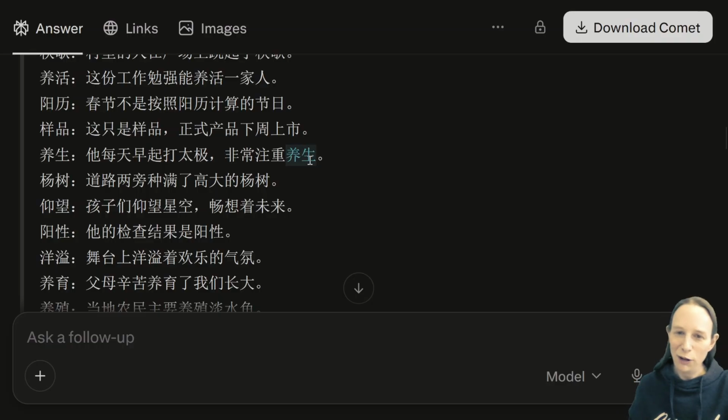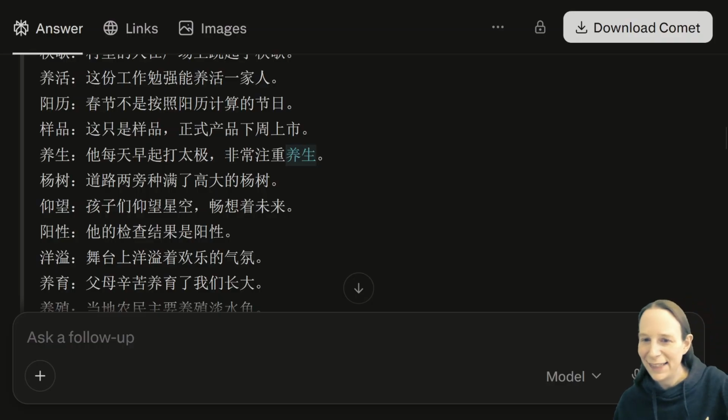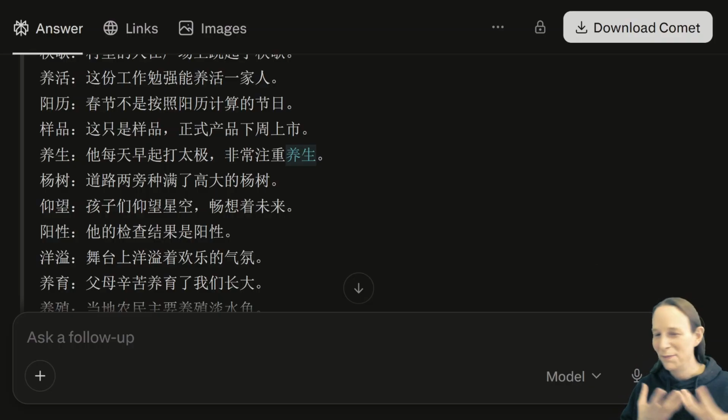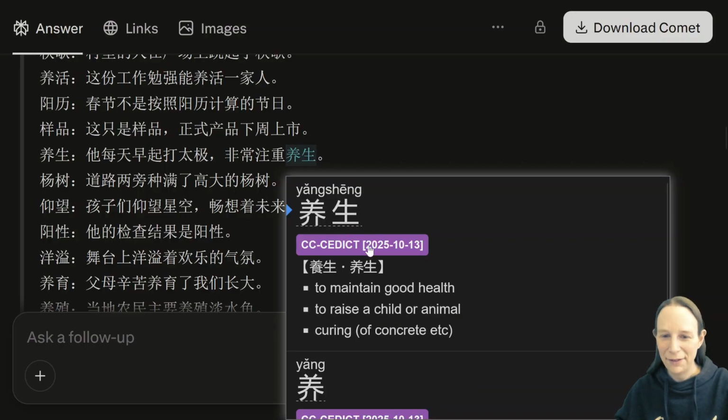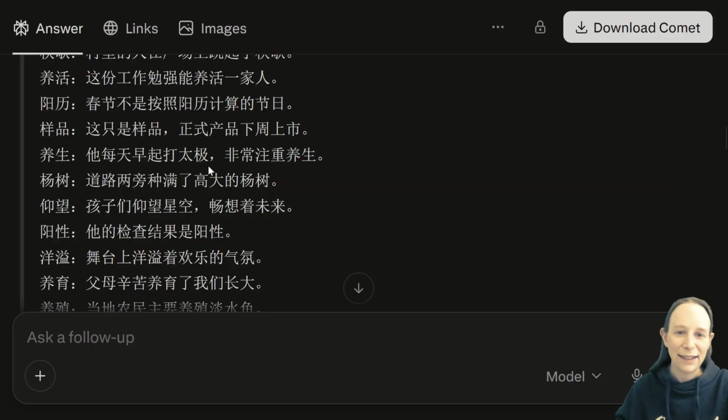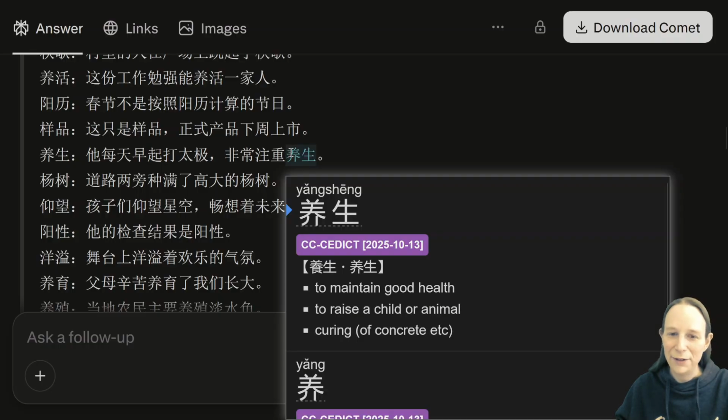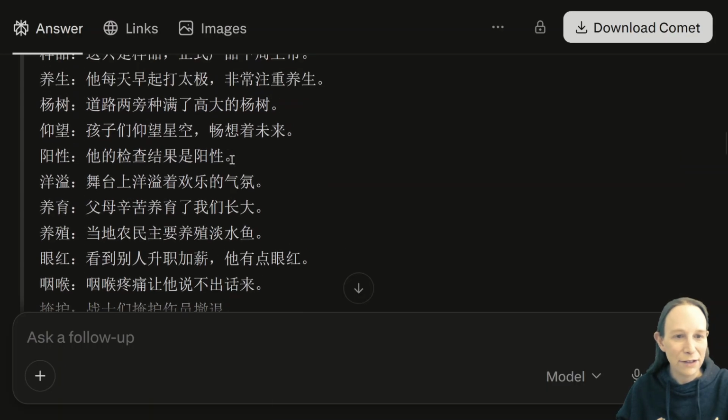Okay, so this is cultivate oneself, one's inner vitality or this kind of abstract stuff. Maintain good health. Kind of like nurturing your goodness.